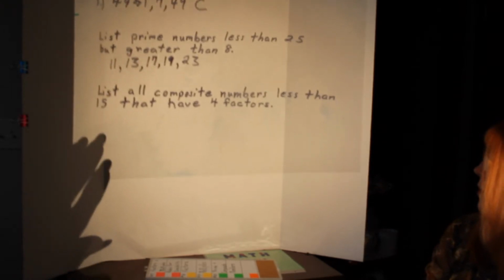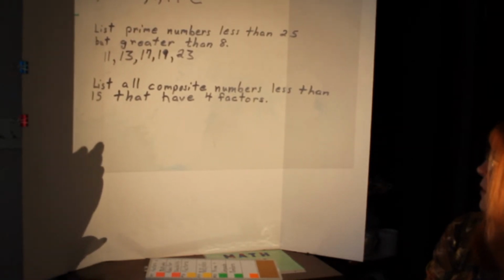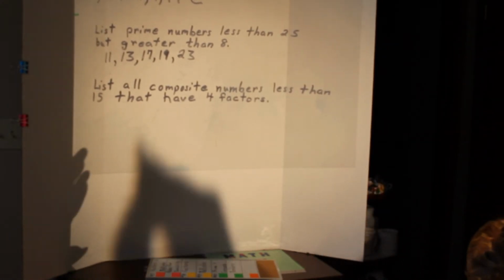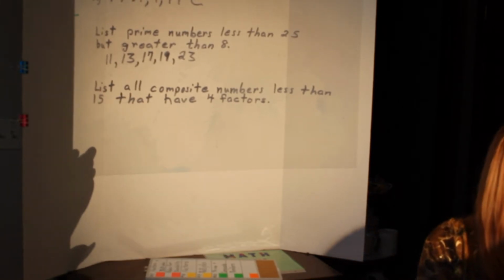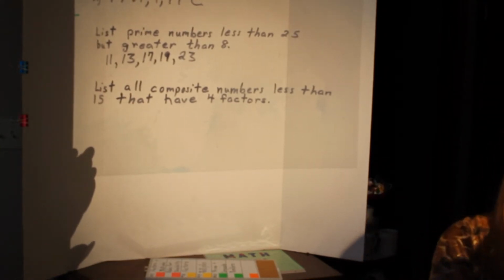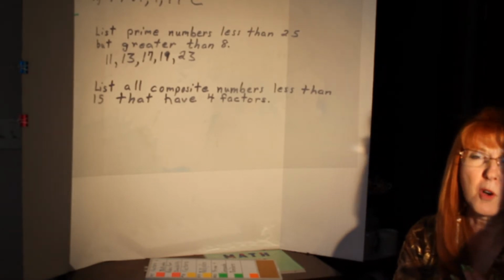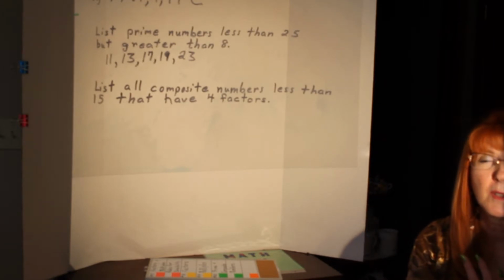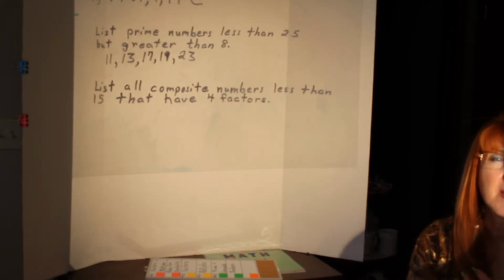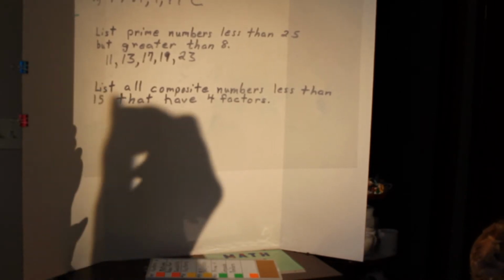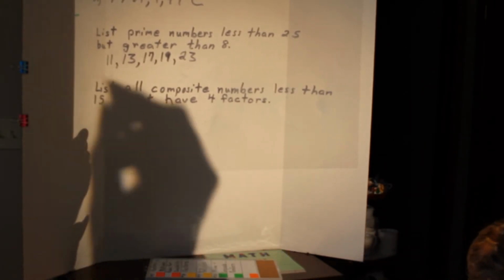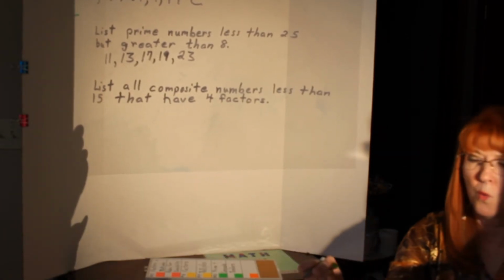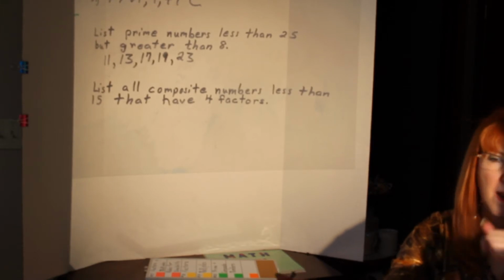Last thing, list all the composite numbers less than 15 that have 4 factors. So they might include other things. So it has to be less than 15. So we start, 1 is not a prime or composite, so skip it. 2 is not a composite number, it only has 1 and 2. 3 isn't either. 4 has 1, 2 times 2, and 4.